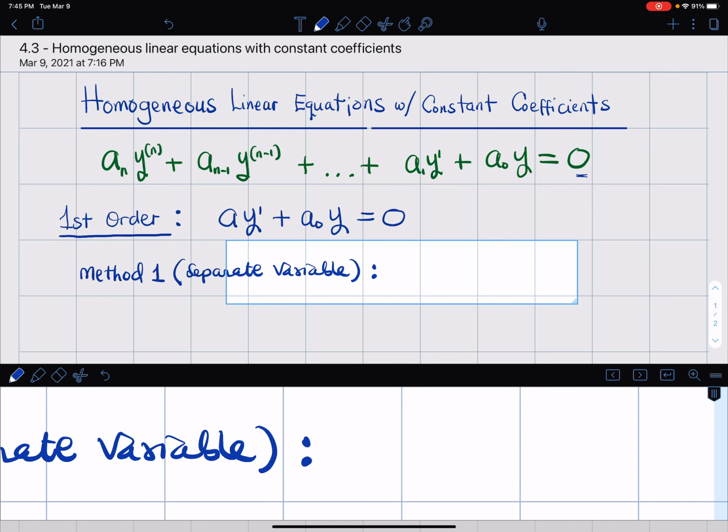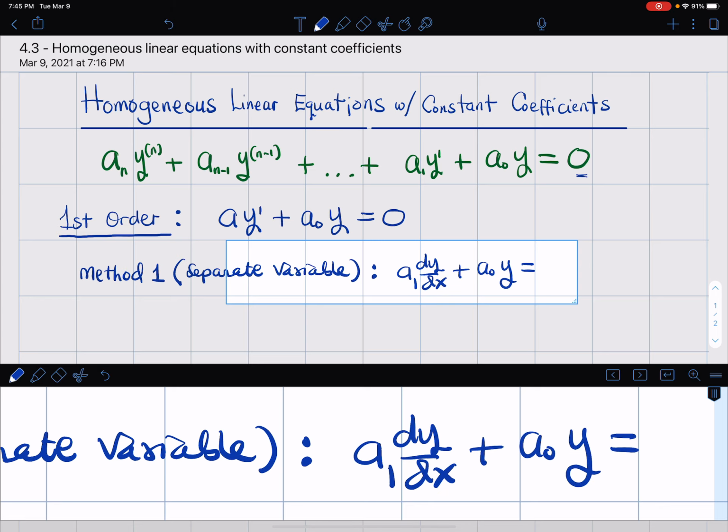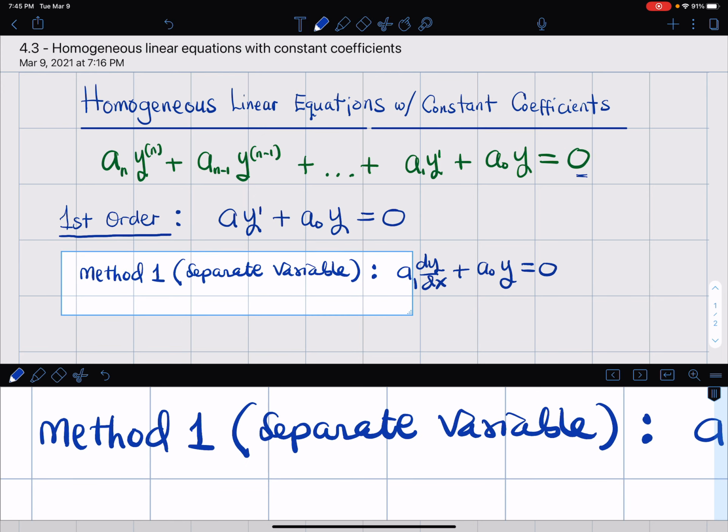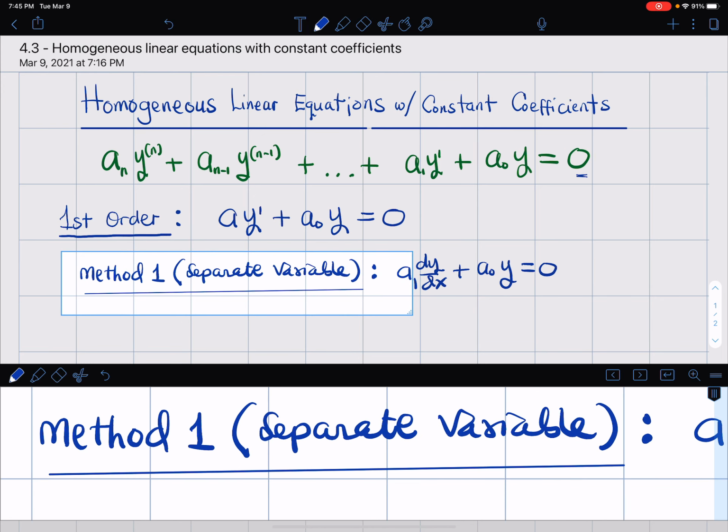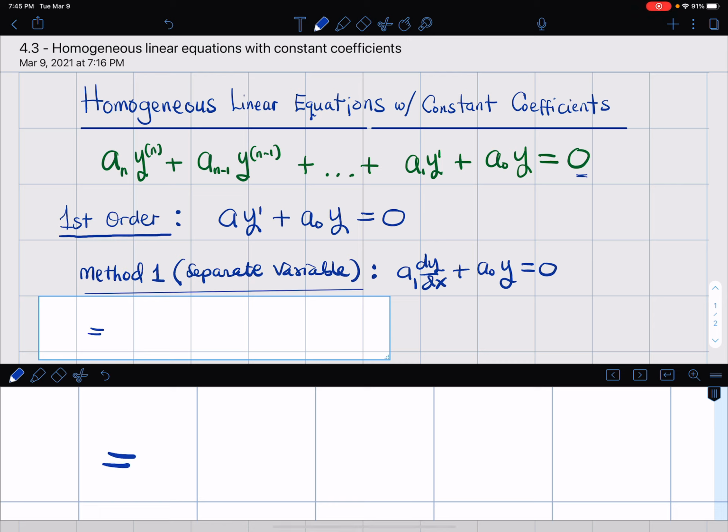If you write it as a1 dy/dx plus a0 y equal to 0, this will lead us to a1 dy/dx is equal to negative a0 y.